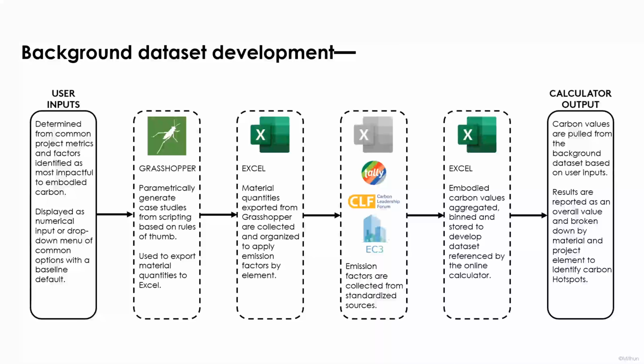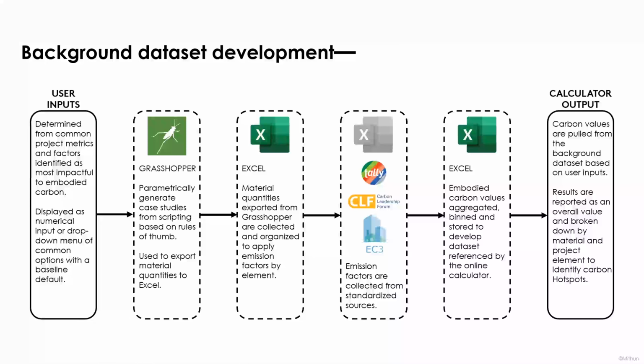And from there, we can start to organize these material quantities and apply emission factors, which we're pulling from either Carbon Leadership Forum, material baselines, EC3 or Tally, depending on data quality.